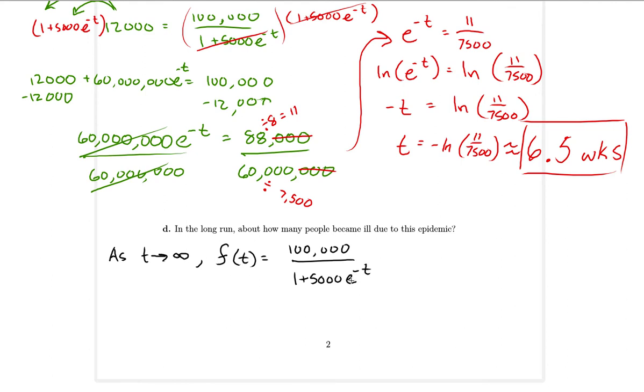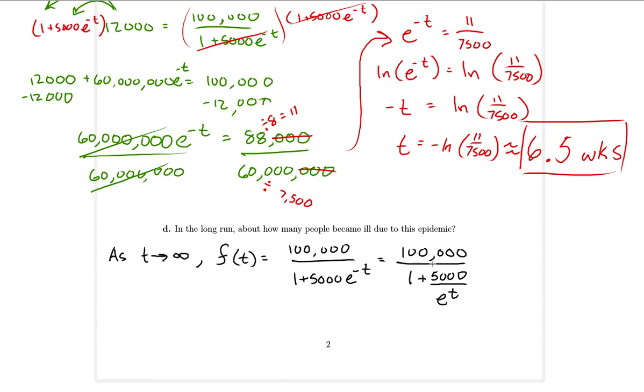But to think about what happens when t gets large, a lot of times it's nice not to have a negative there, so we can always put it in the denominator of the fraction so that we can make better sense of it. So of course, if t gets large, then e to the t gets large.